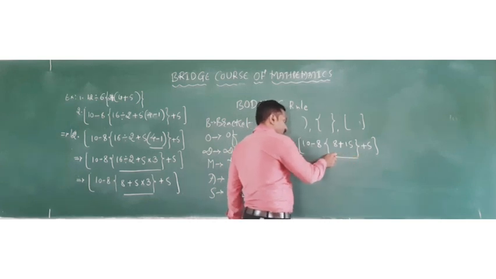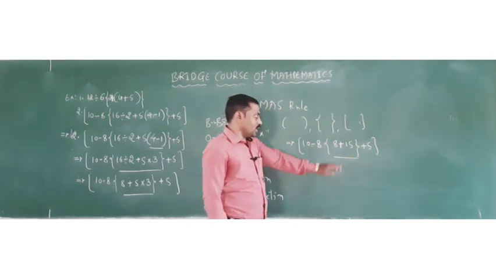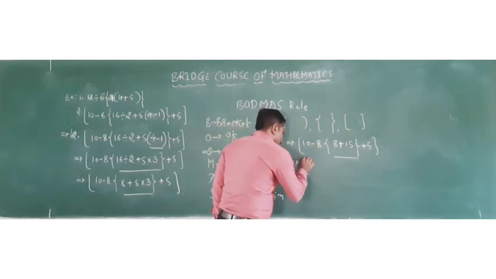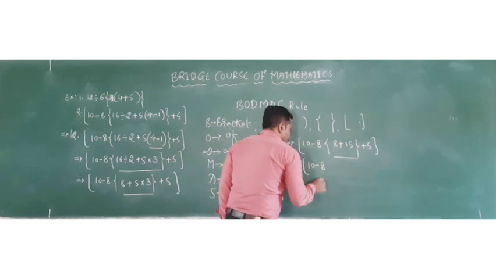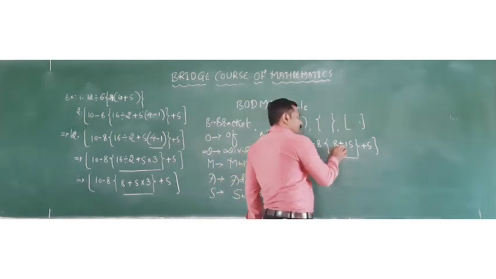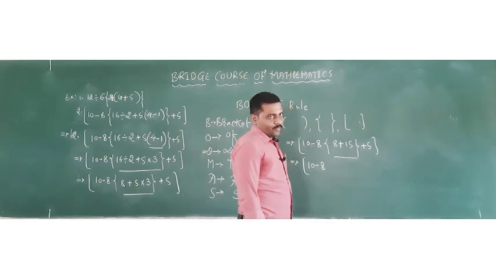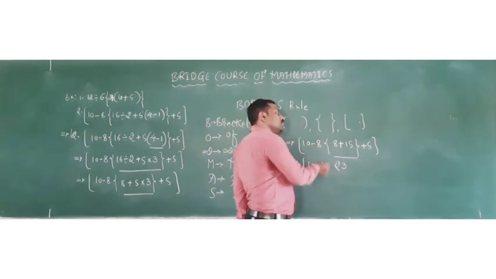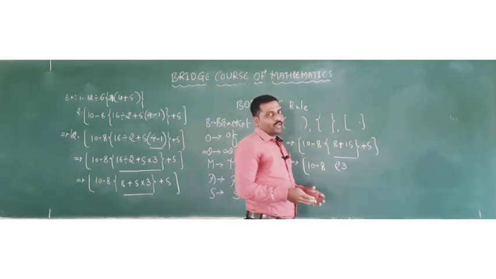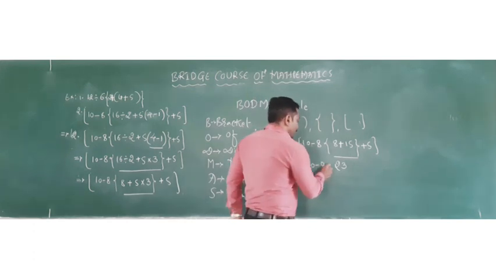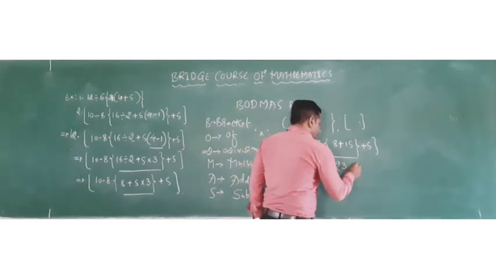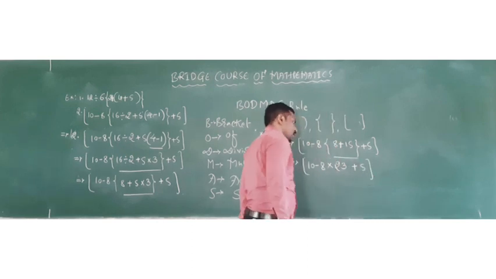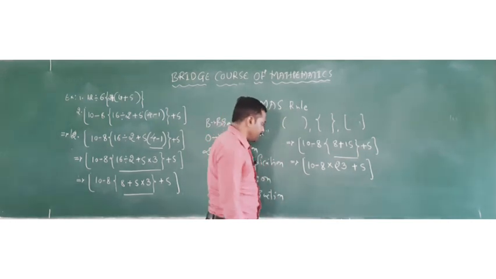So finally we remove the flower bracket. Within the flower bracket only one operation is there. Square bracket, 10 minus 8, 8 plus 15, that is 23. Here the "of" is doing like a multiplication, right? Then plus 5, close the square bracket.